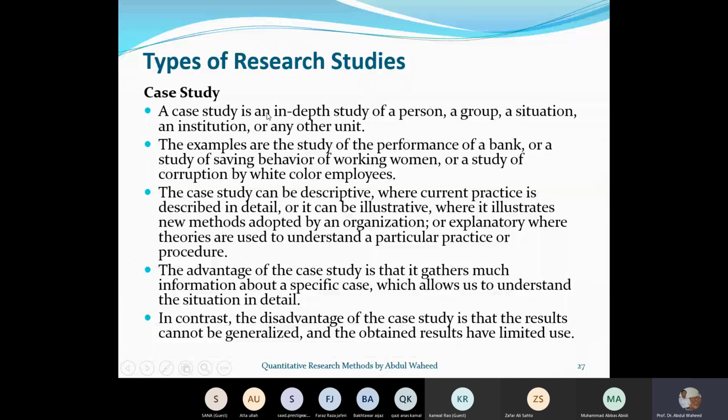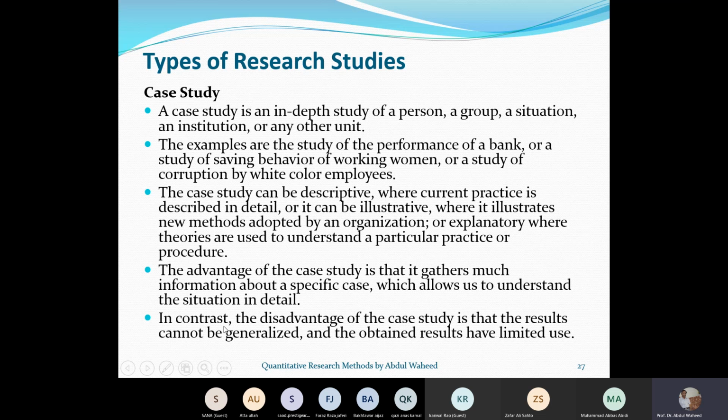So case study could be different types, could be descriptive, it could be explanatory. और जो advantage है of case study is that it gathers much information about a specific case. एक ही केस के बारे में आप in depth study करते हैं, and then you will come up with some conclusion.